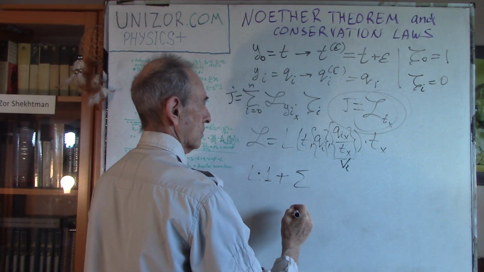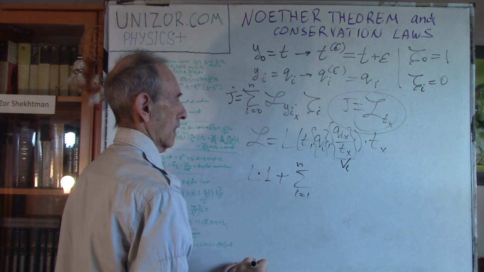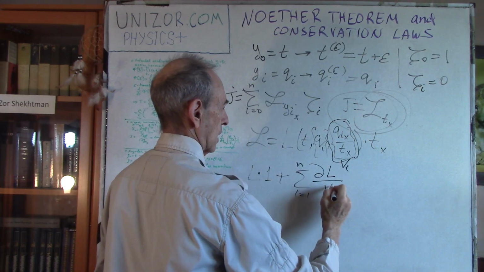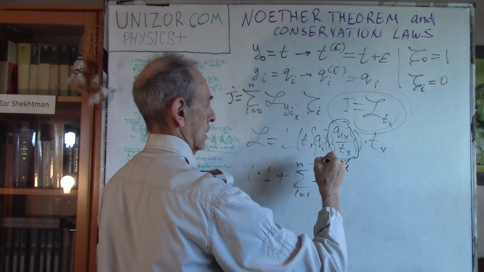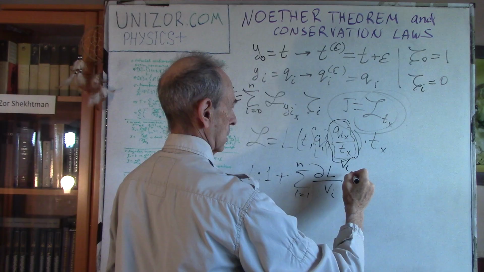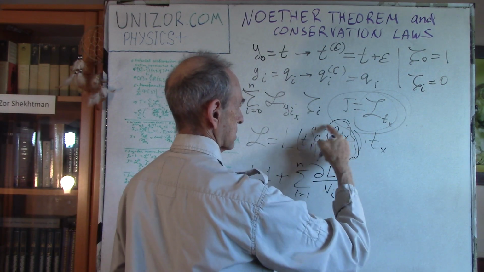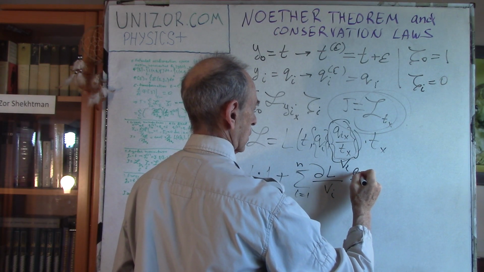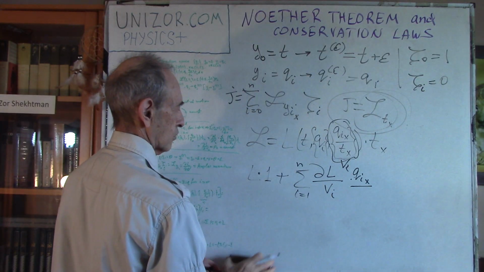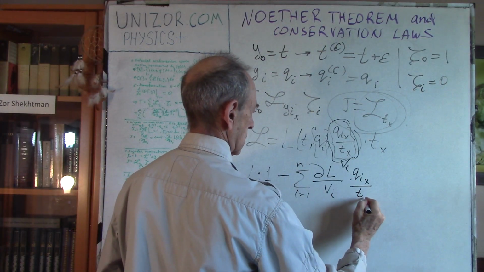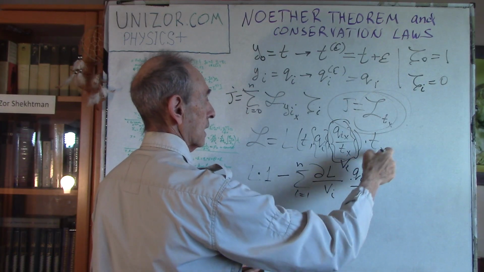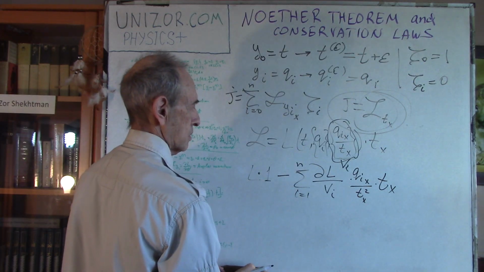So that should be a sum over i from 1 to n of the derivative of L by this argument, which is Vi, times the derivative of each coordinate by tx, which means qix is a multiplier, and the derivative of 1 over tx is minus 1 over tx squared, times this one.